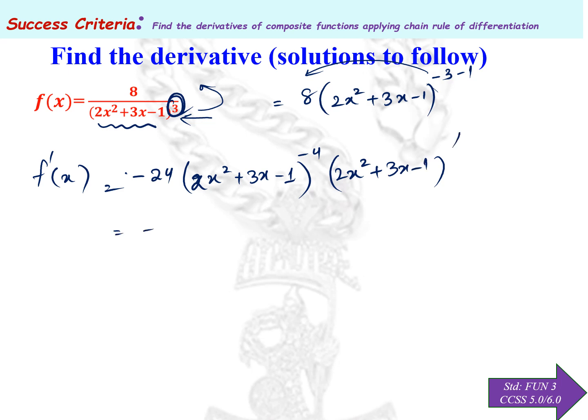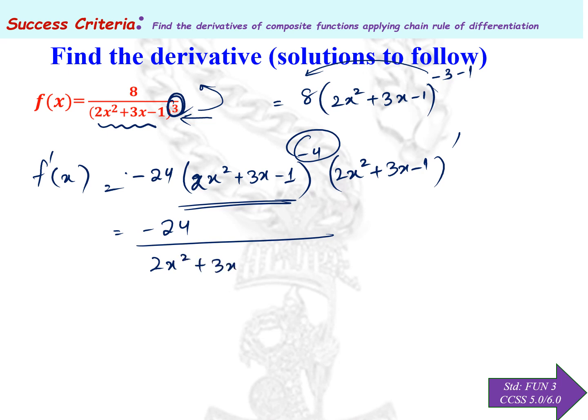So you will get negative 24. Again here there is a negative power, so write it in the denominator, but the sign of the power will be converted into 4. Take the derivative. 2 times 2 is 4x plus the derivative of 3x is 3. The derivative of 1 is 0. Now you can't solve more than that. So this is your answer.